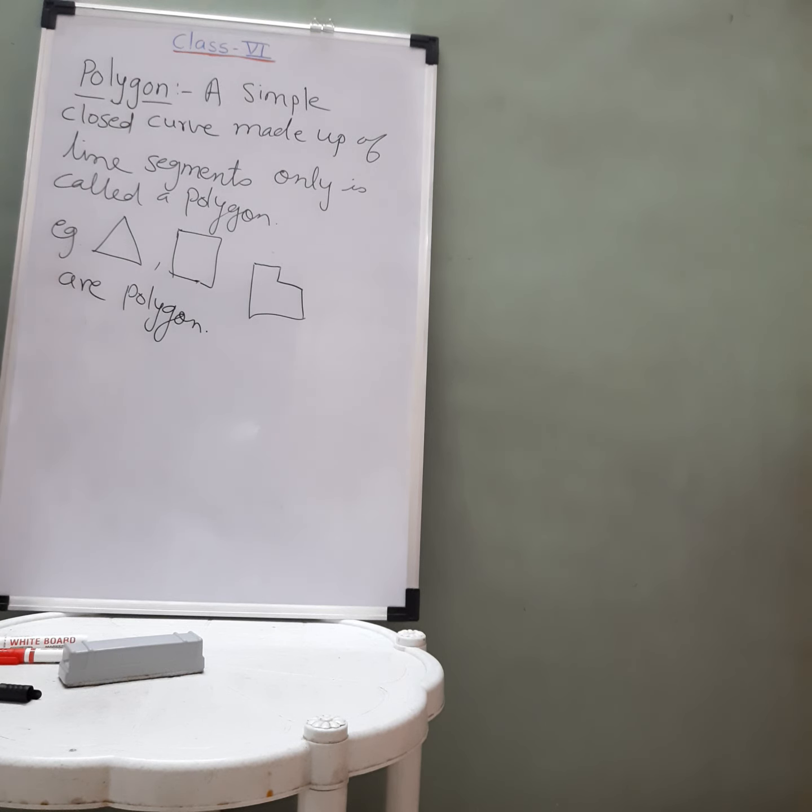I think all are clear. In this, which are the main concepts? One is open curve, closed curve, interior, exterior of a region, boundary of the curve, and the third point is a polygon.